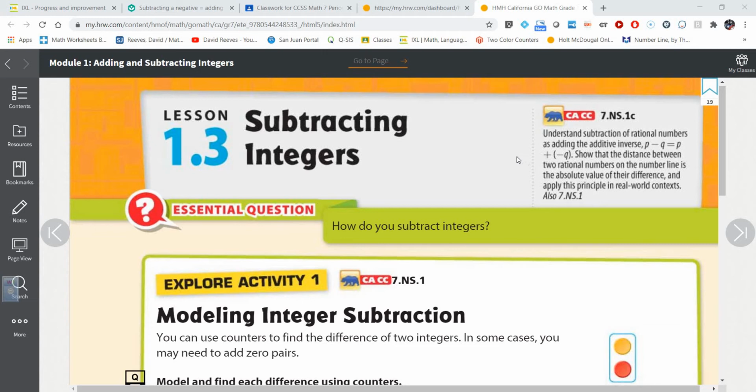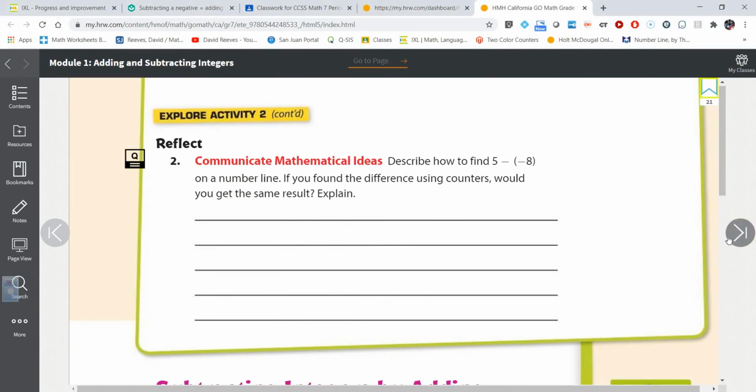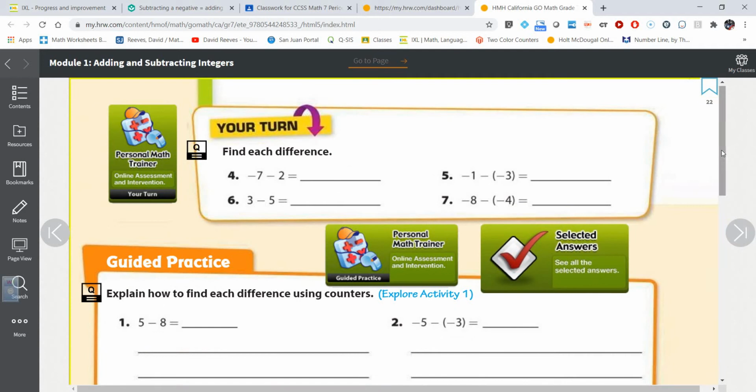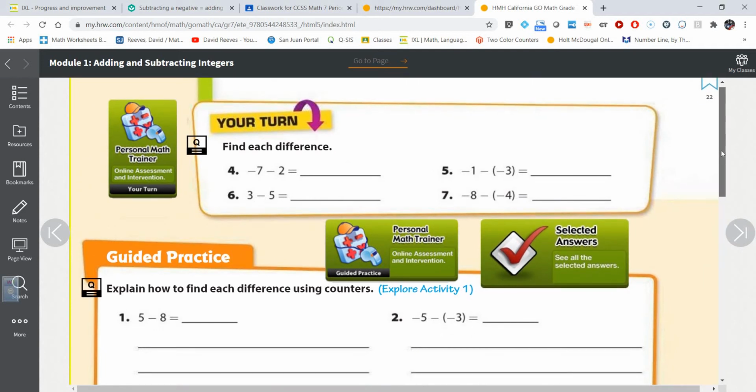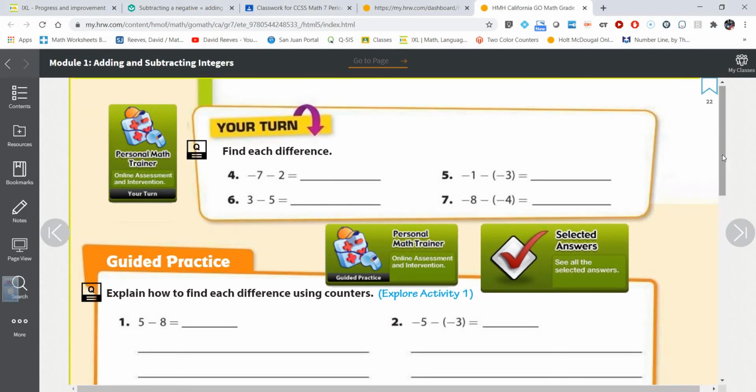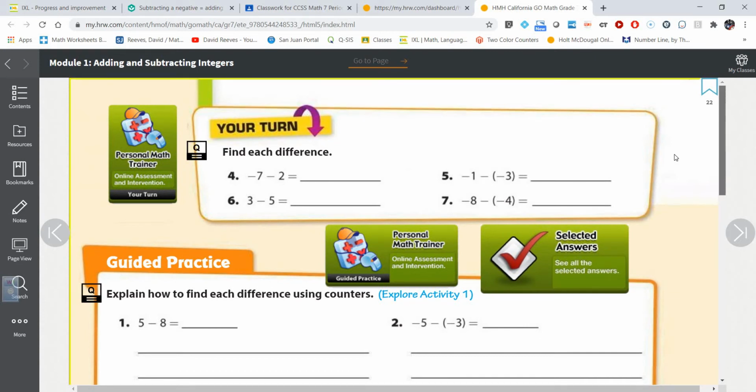And I wanted just to take some time to work out some practice problems as we continue to work through lesson 1.3, subtracting integers. Hopefully you've watched both of my previous videos on this lesson where I explain the meaning of what it means to subtract and add integers on the number line and using counters.